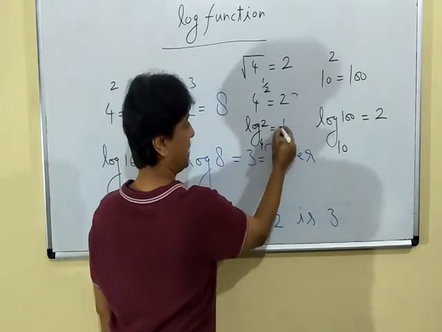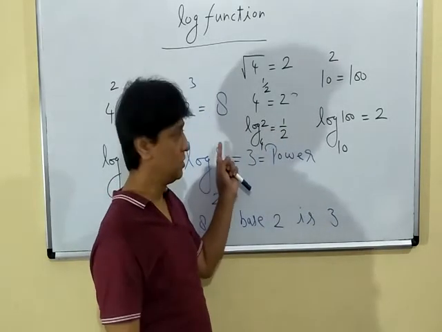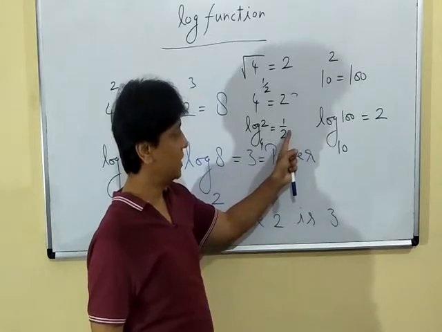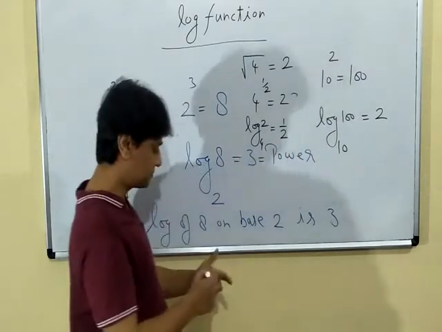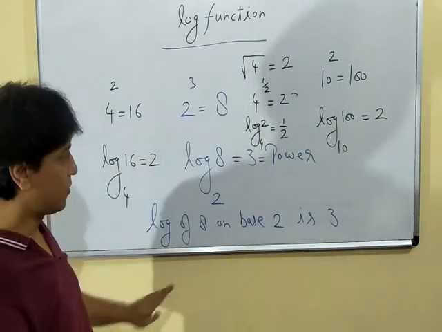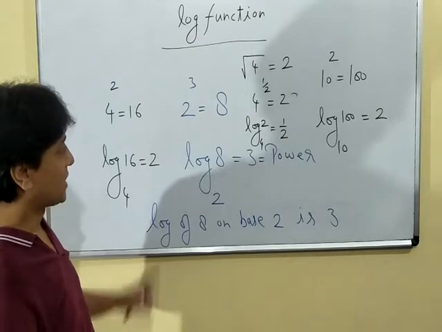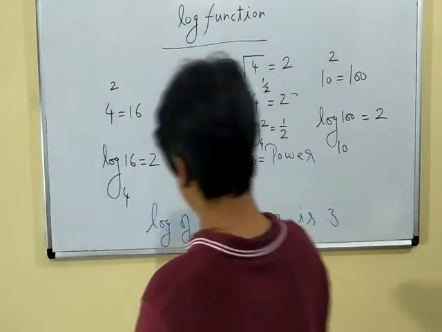The whole thing is equal to what? 1 by 2. What is log? Power. तो यहां पर हमेशा क्या आया करेगा? इक्वल साइन के राइट में क्या आया करेगा? पावर. Note down all these examples. Pause the video. अब इसके आगे चलते हैं.